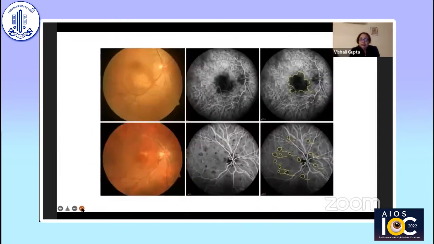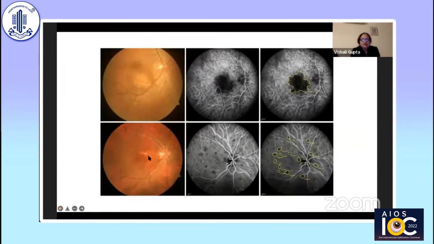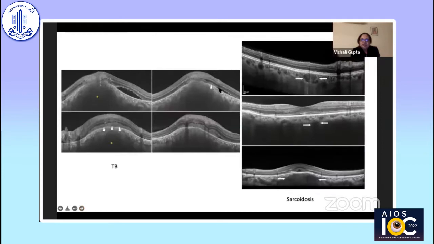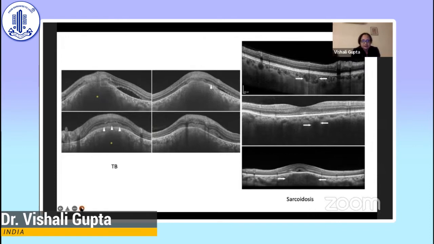If you want to compare it with sarcoid, the top one is tuberculosis, large, single. The bottom one is sarcoid. Sarcoid granulomas are multiple, and generally very small. You may not see them clinically. When you do OCT, tuberculoma is large with involvement of the outer retina. Sarcoid is buried deep, with no outer retinal involvement, and no vessels on its surface.